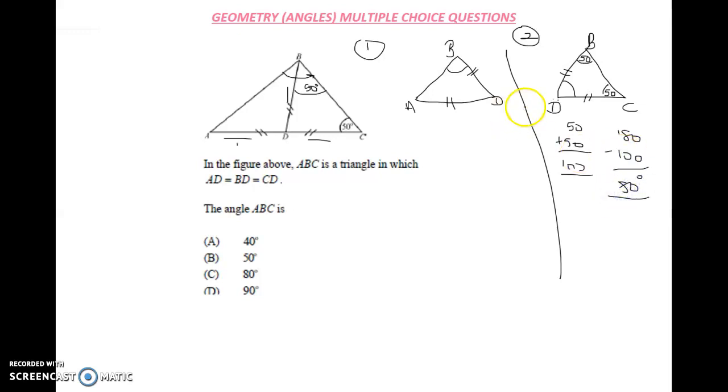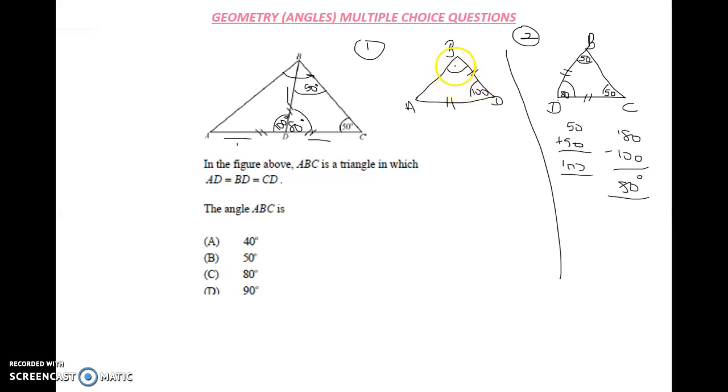So this is actually 80 degrees. Now I could find this angle here. If this is 80, angles on a straight line add up to how much? 180, right? So if this is 80 degrees, then this here has to be 100. You don't even need to do working for that. Cool, so this is 100 here.